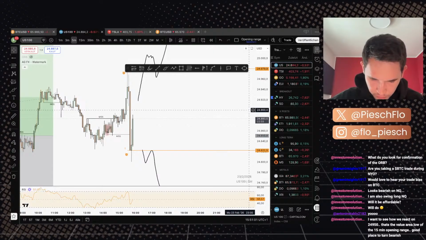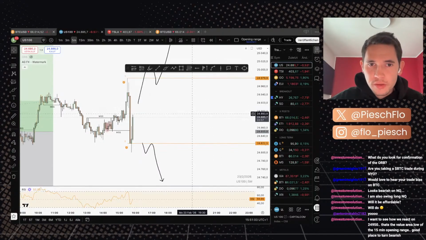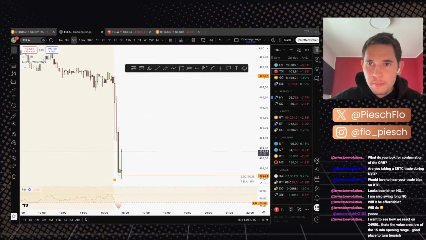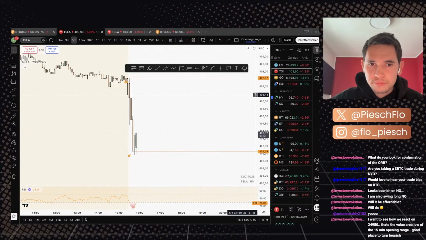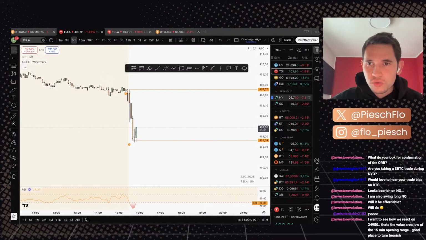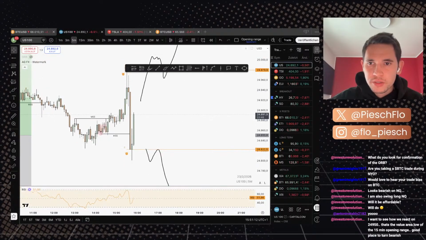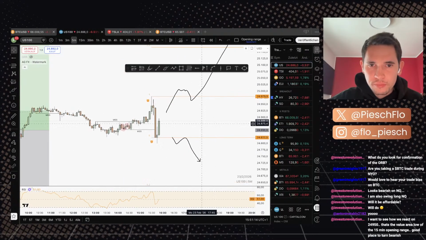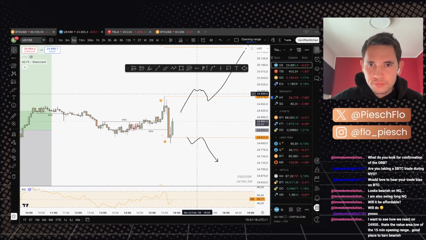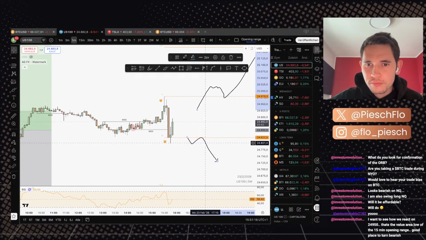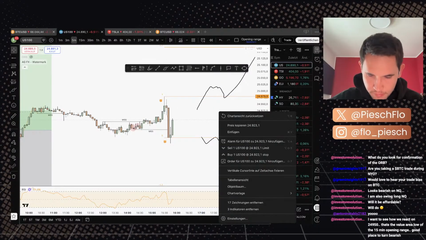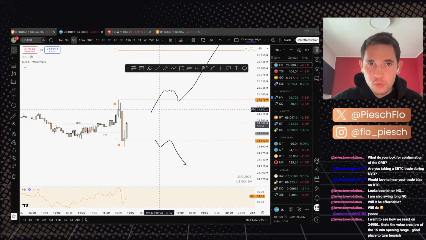If anyone has questions, feel free to ask me. Tesla is still at the range low, so nothing here. NQ, we have to wait. We're seeing some strength now. But obviously we need to get above here or below here. If that doesn't happen, then I'm doing nothing.